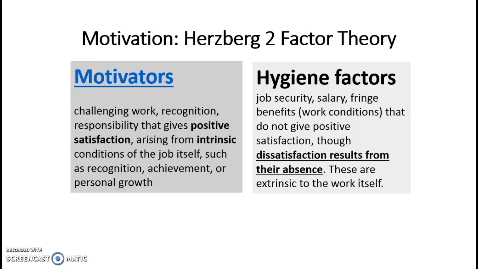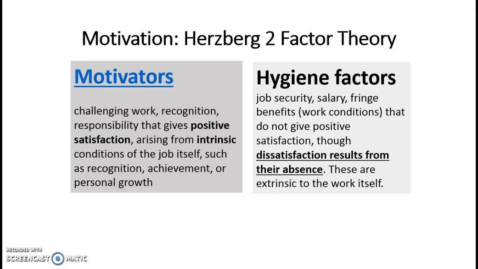So this was challenging work, giving people recognition for the work, and responsibility that gives satisfaction, so providing them with certain responsibility that gave faith in their abilities. And these whole ideas arise from intrinsic conditions of the job itself, i.e. they enjoyed the job. Okay, recognition and achievement all gave them a certain sense of satisfaction from within the job.